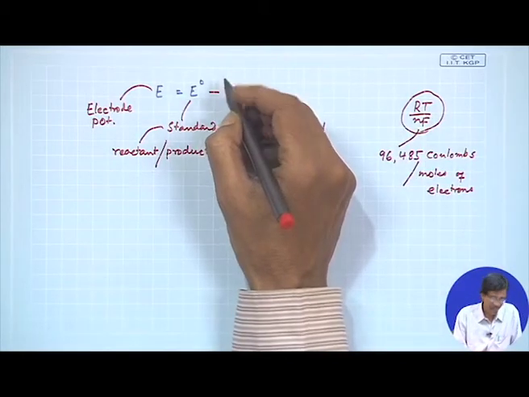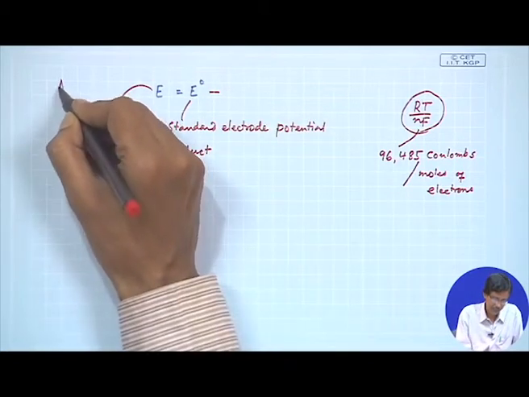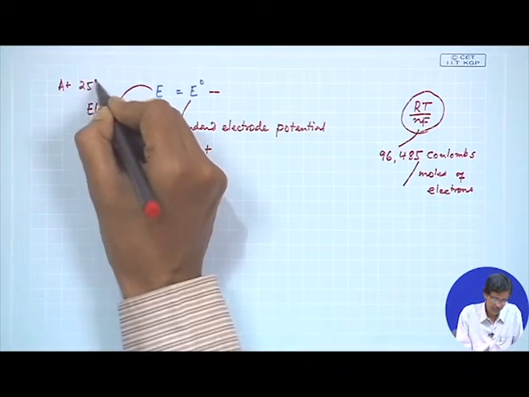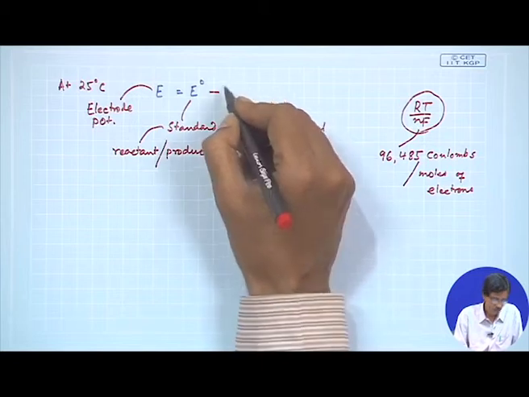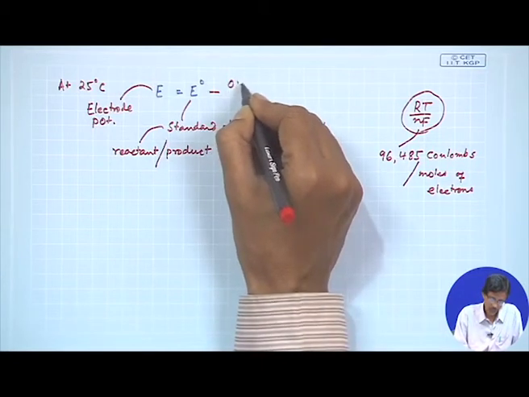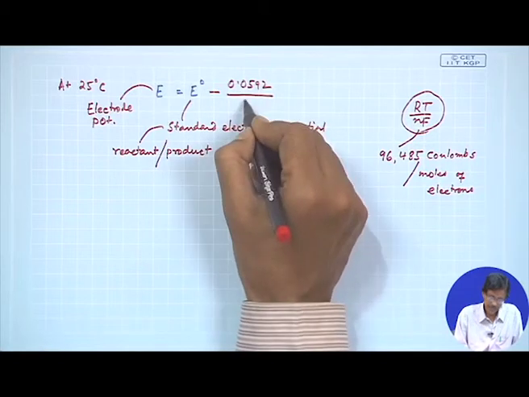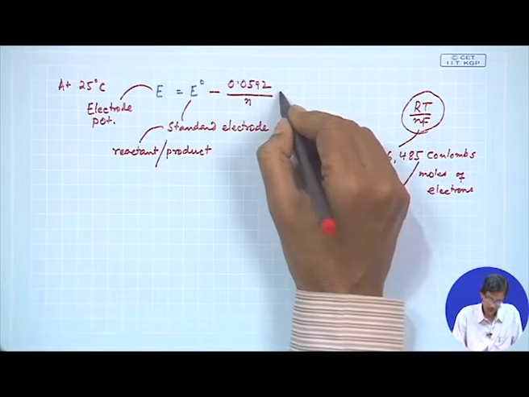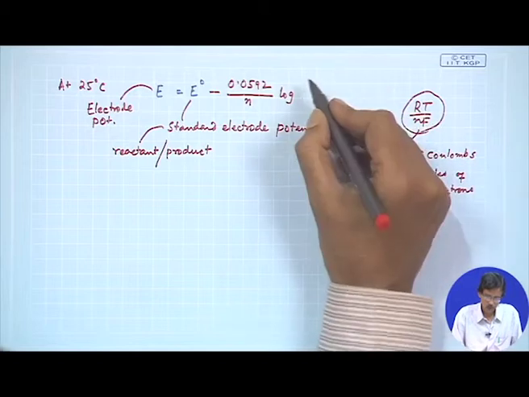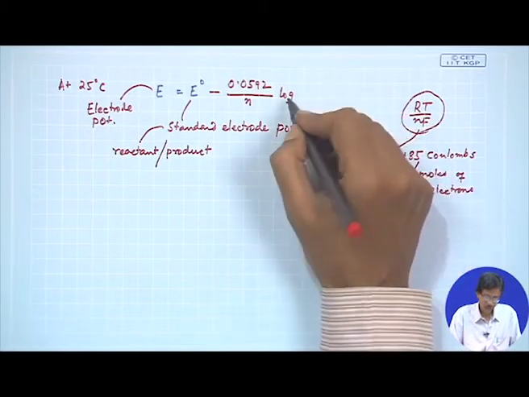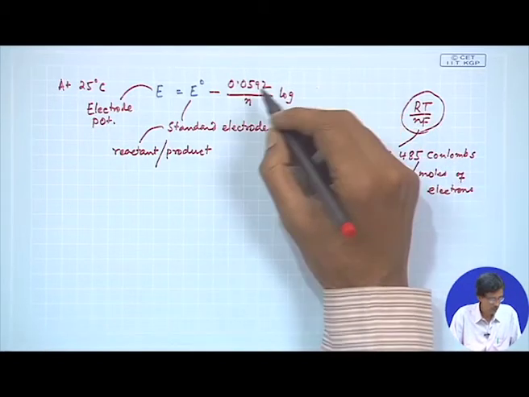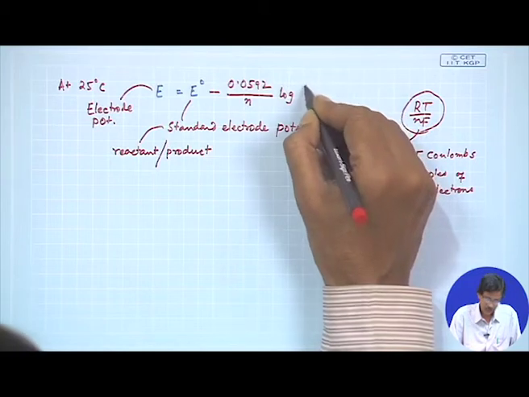Conversion of these at 25° centigrade gives the corresponding value as 0.0592 by n, which is important. Then the conversion to log, that means the 2.303, is also accounted for here.